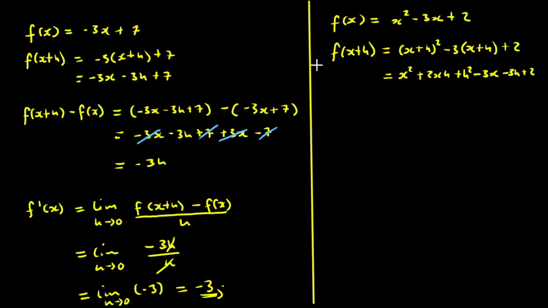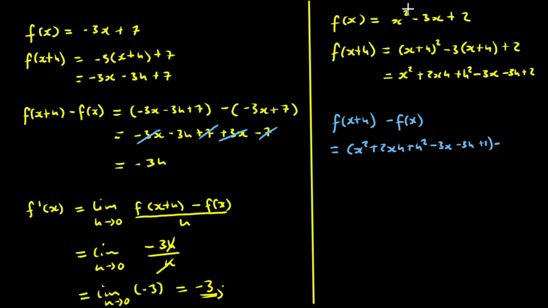Now we need the other stage, which is f of x plus h minus f of x, the top part of the equation. I'm going to start from here because I know it's a bit long. So I'm going to take f of x plus h: x squared plus 2xh plus h squared minus 3x minus 3h plus 2.